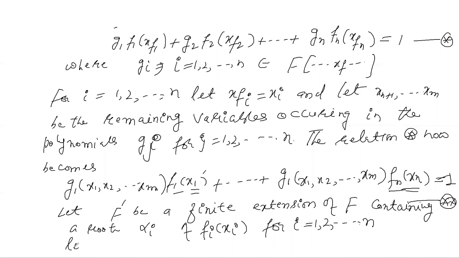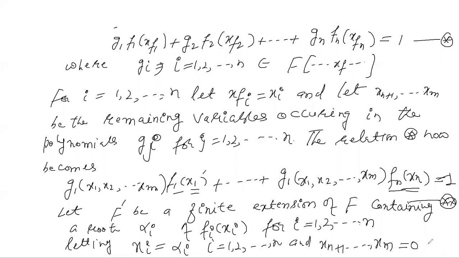So letting xi equal alpha i, i running from 1 to n, and x_{n+1} up to xm equal to 0 in this equation double star.